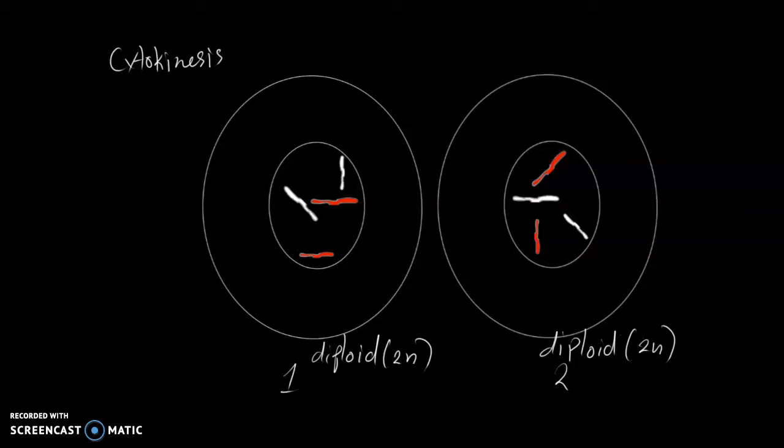You can also tell by looking at the number of chromosomes inside the nucleus, here and here. The process started with 4 chromosomes at the beginning and ends up with 4 chromosomes again in each of the new daughter cells.